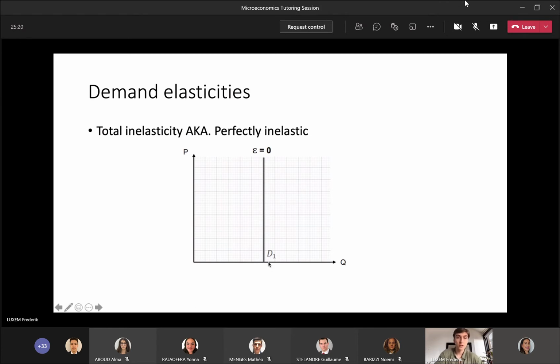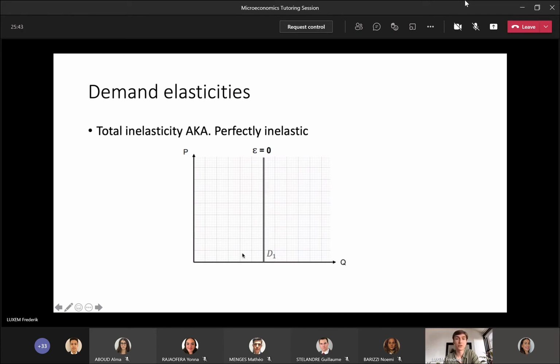So here, this is an example for perfect inelasticity. So elasticity equals 0. This was a question also in the mock-up exam, if it's possible to have an elasticity of exactly 0. Yes, it's possible, but it never happens in real life. So what does it mean?